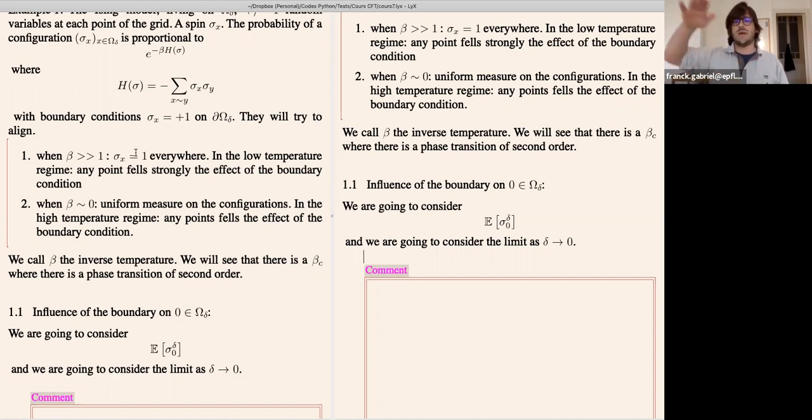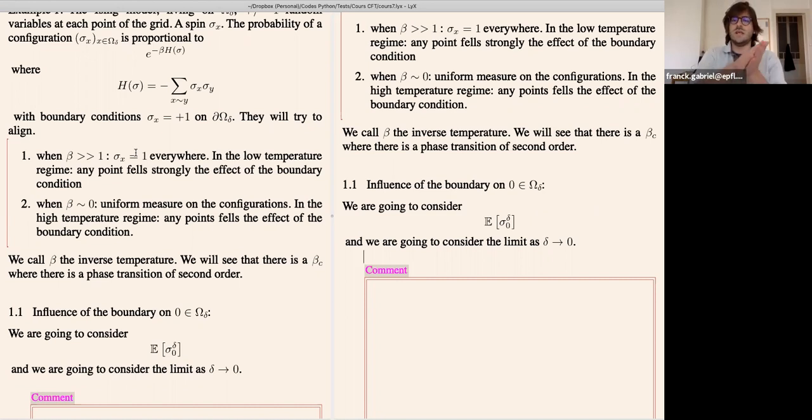When beta is equal to 0, we saw that it's the uniform measure. So when delta goes to 0, the expectation is the same as when delta is fixed, and it's equal to 0, because if my spin is uniform, it's plus or minus 1, and the expectation is 0.